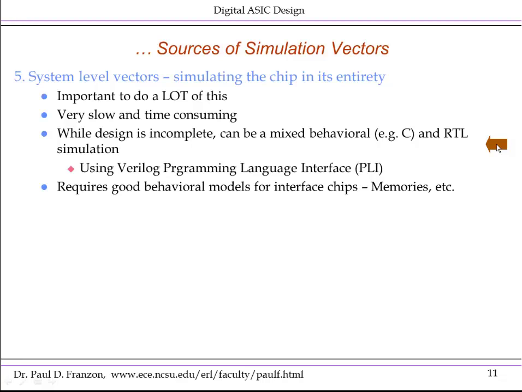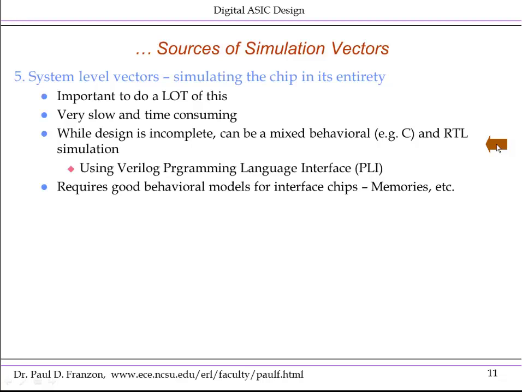So for example, again for the MPEG encoder, you might actually get the C version of the entire video encoder from someone else, rip out the motion estimator, use PLI to connect the C-level model with your RTL motion estimator, and run real video through the codec to see if you get what you expect to see.